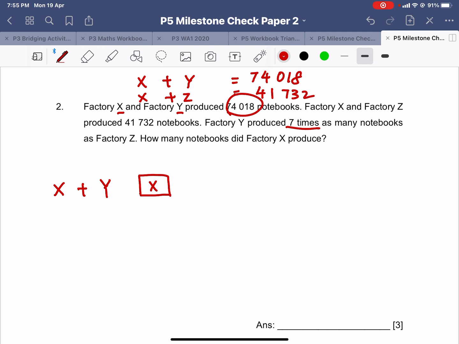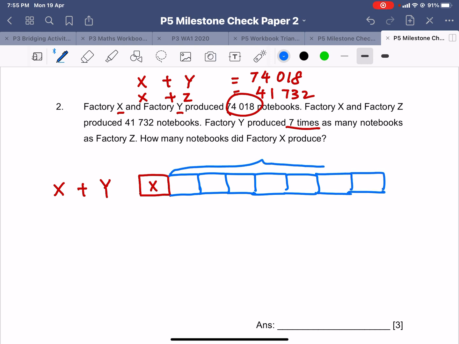Now Y is the one that produces 7 times as many as Z. Y is the big factory, and in fact it is 7 times bigger. 1, 2, 3, 4, 5, 6, 7. So these are all factory Y.